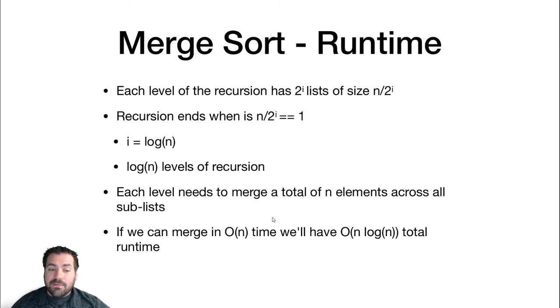So if we can merge in linear time, we'll end up having an n log n total runtime. So that's the really quick, kind of hand-wavy proof of this runtime analysis. Again, more details in 250, where you'll get more mathematically thorough and proper with the proof. But that's my quick and dirty proof: log n layers, if we can do O of n time each layer, n log n.